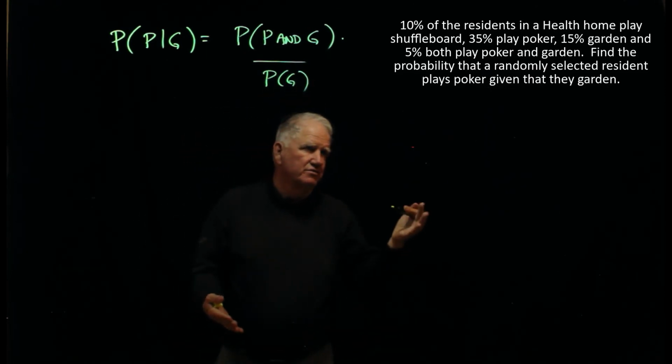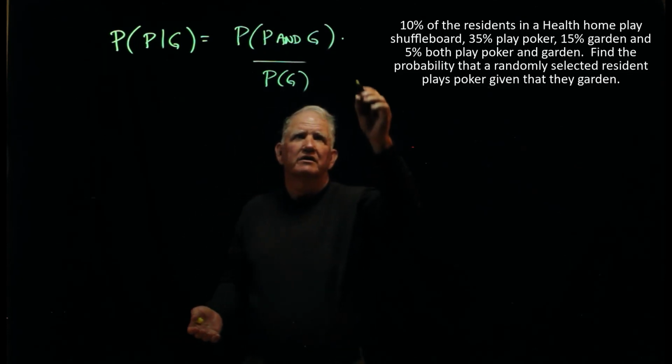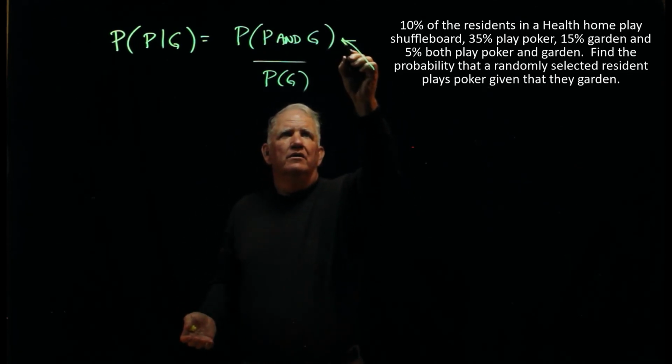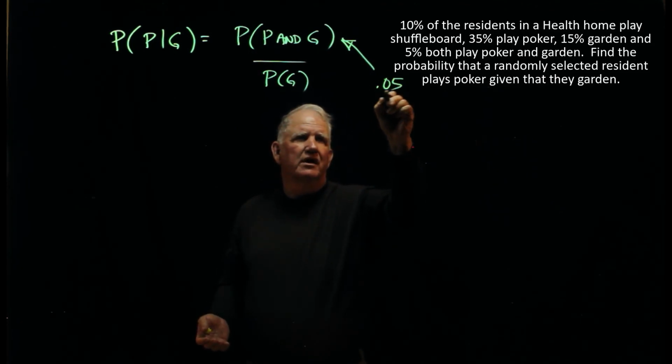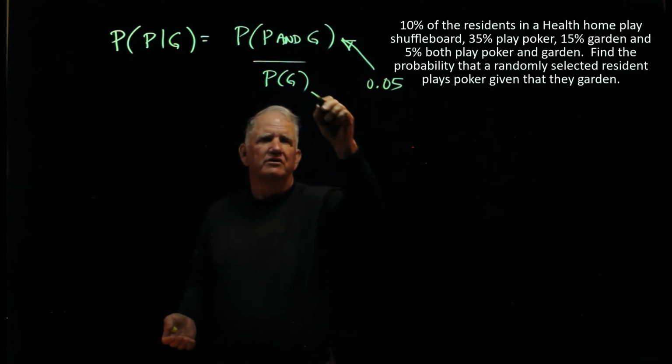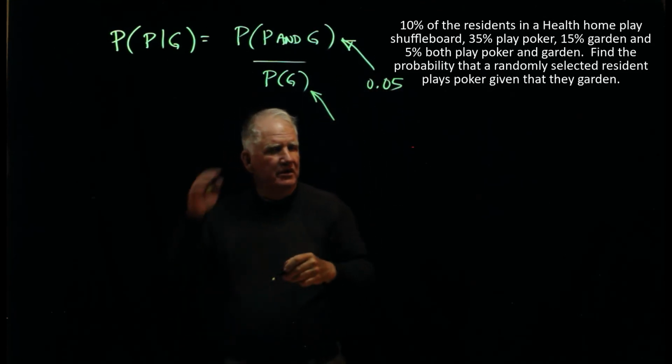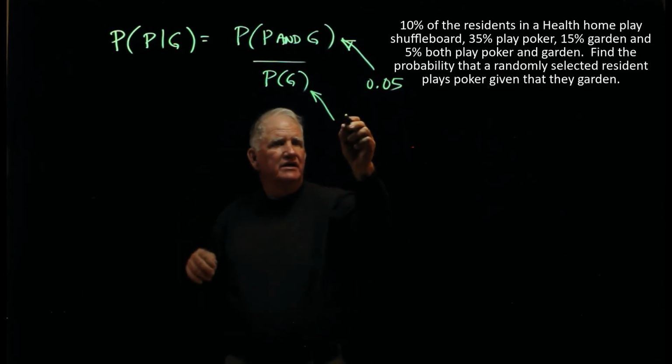And we've got those things right directly from the problem statement. The probability here is given as 0.05, and the probability here is given as 0.15.